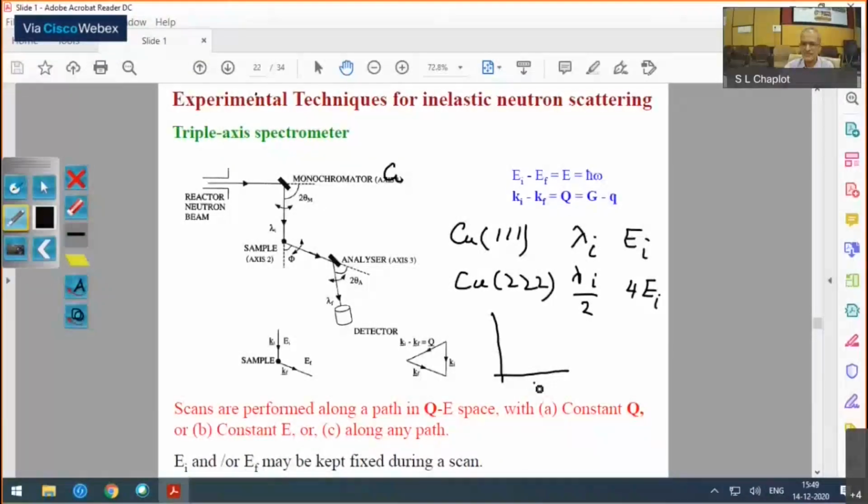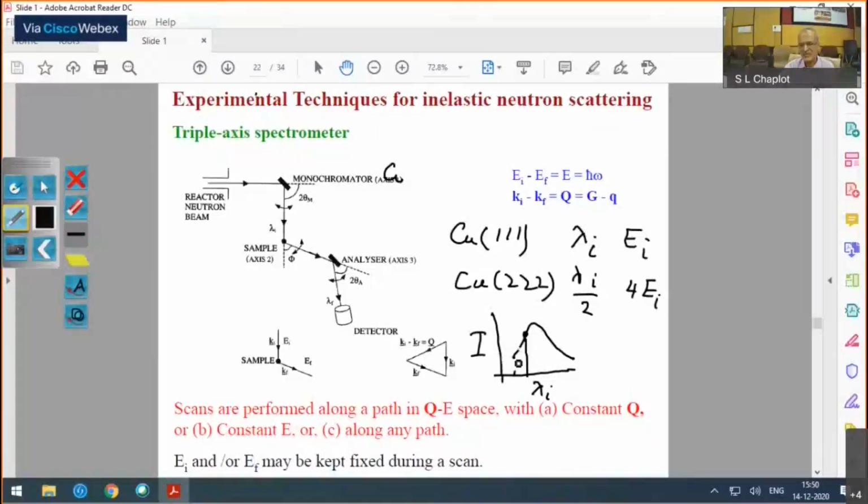If I take the spectrum of neutrons coming from the reactor, the intensity follows a Maxwellian spectrum. Normally I would have chosen a wavelength which is somewhere around here. That is my lambda i. So lambda i by 2 will be here.